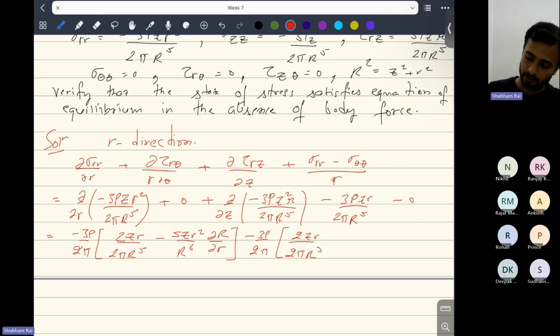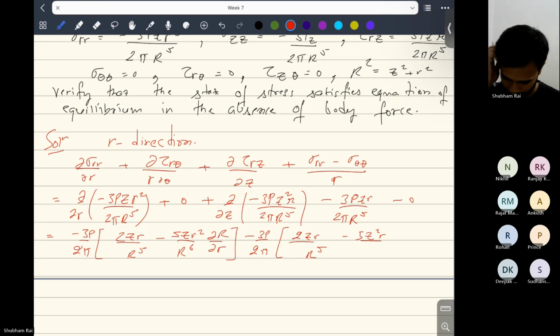So again, you'll get minus 5 z square r over R to the power 6. The 3 I have taken outside, so only 5.